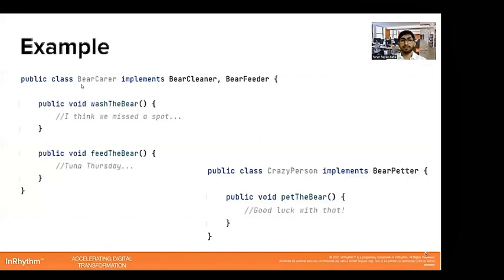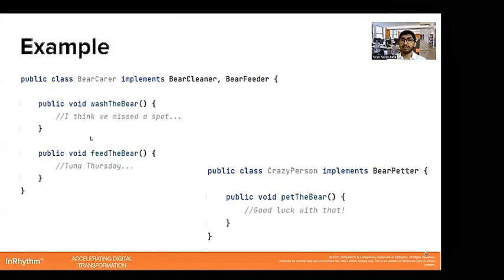Here, bear cleaner implements the bear cleaner and bear feeder interfaces. Hence, it is implementing washing the bear and feeding the bear, right? All looks good. Bear cleaner is supposed to do just washing the bear and feeding the bear. That's all. And we are leaving the bear petting stuff to the crazy person, right?